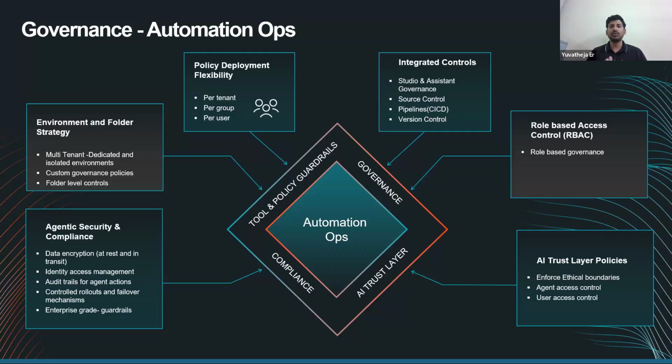Like let's say you categorize the folders, and each of the folders can have access to certain agents only or certain systems only. So all of this can be controlled together, right? So automation ops is like an overlay for your entire architecture. It gives you access to the audit trails and everything, whatever is being passed into the AI trust layer. So it's your central control, I will say.